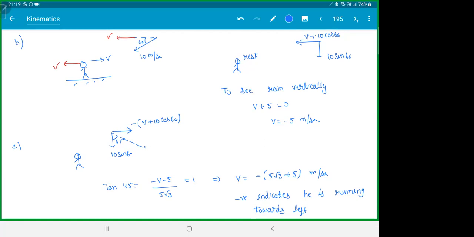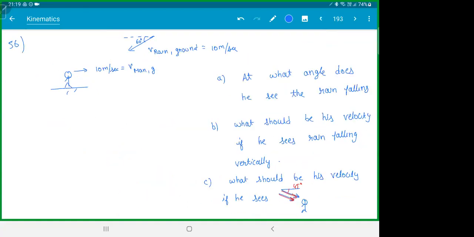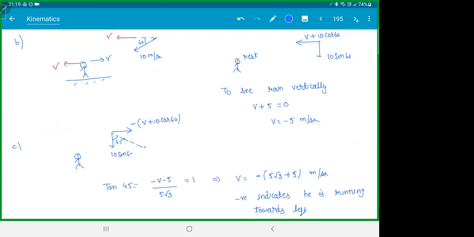Clear with this? Next one. Next one is a good one. Any doubts on this? Please ask.